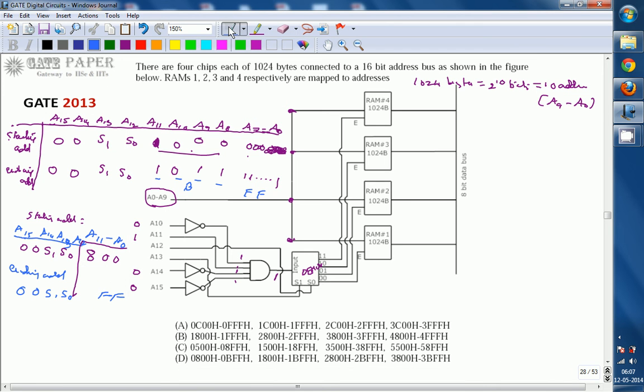That is the ending address is nothing but BFF. So 00 S1 S0 800 is the starting address, 00 S1 S0 BFF is the ending address.